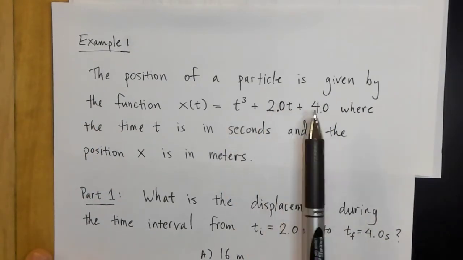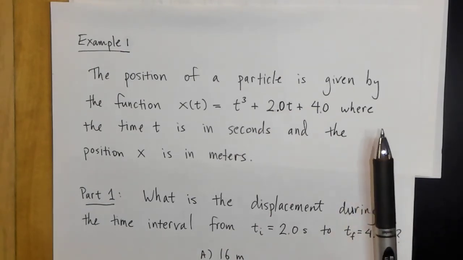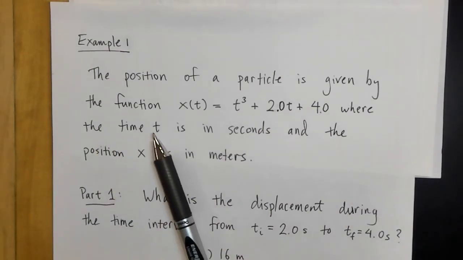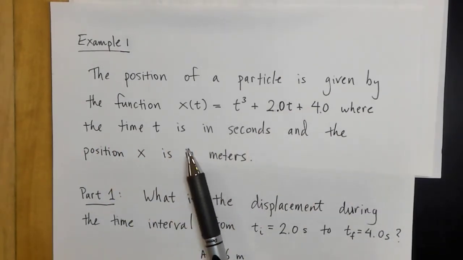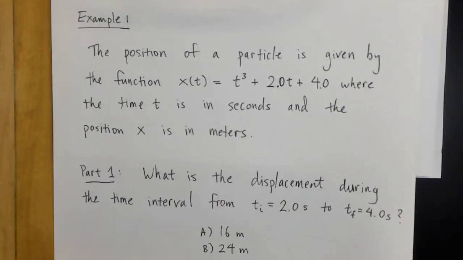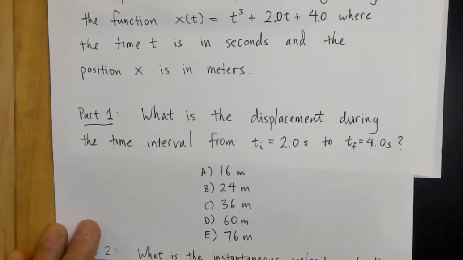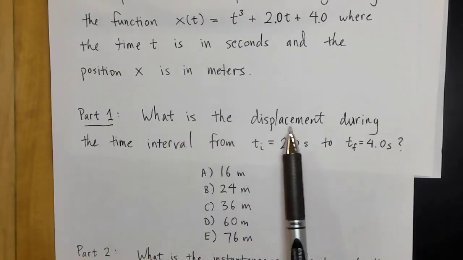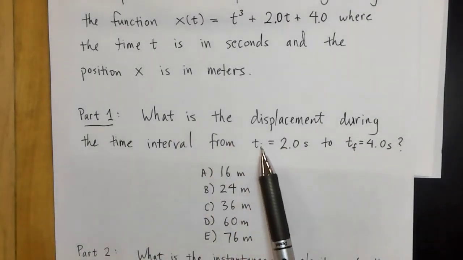Now, in order for this equation to have the right units, I have to say something sneaky like where the time t is in seconds and the position is in meters, okay? Just to make units.